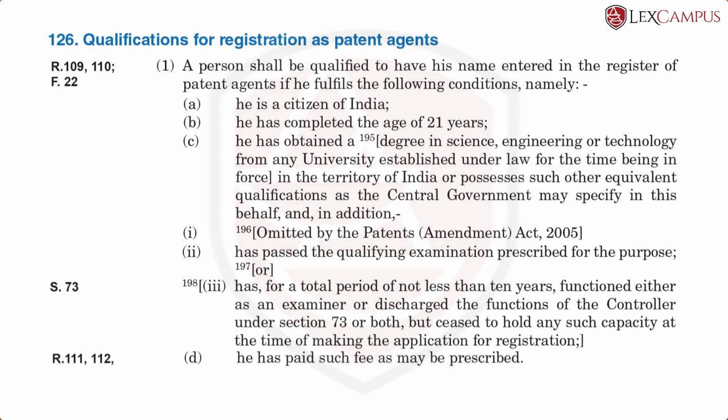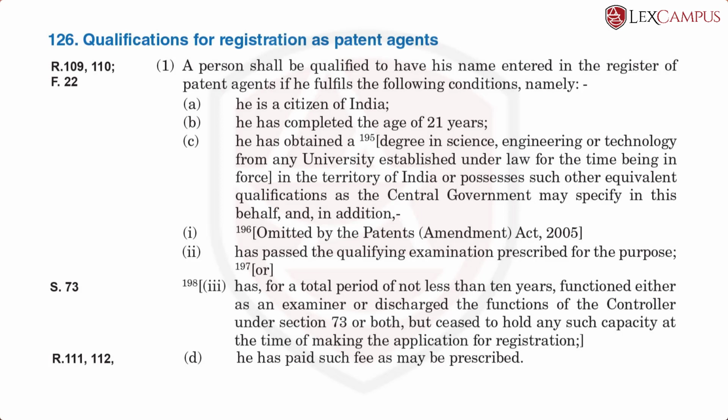And there is a fee requirement. So, to sum up all the requirements, the person should be a citizen of India, should have crossed 21 years of age, should have a degree in science, engineering and technology, should have taken the patent agent examination and qualified it, or should have at least 10 years of experience in the patent office.